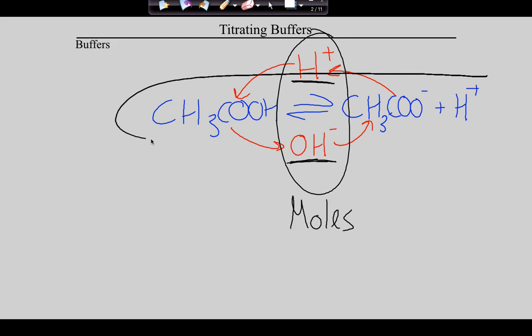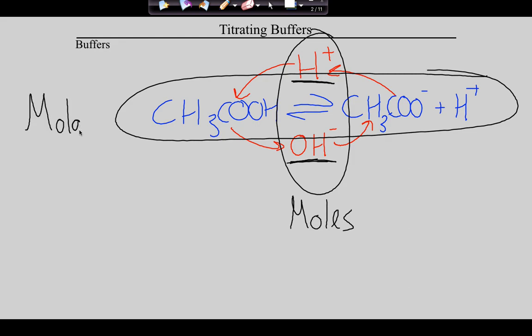But, guys, what about this game? What about the equilibrium game that happens after the strong acid or strong base is done kicking butt? The equilibrium game is thought of in what units? Molarity. Guys, you have no idea how thankful you're going to be that you just drew this in your notes when you get to freshman chem in college.